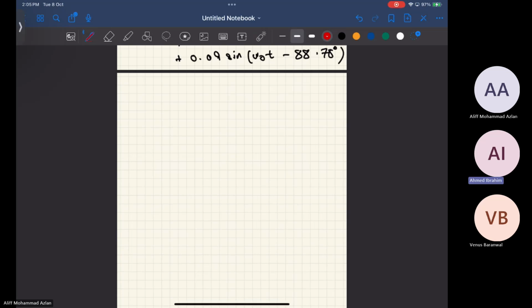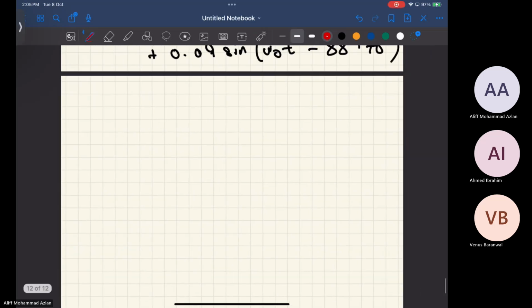Let's move on to question 4. So here, this is a resonance question. We're given a simple RLC circuit.